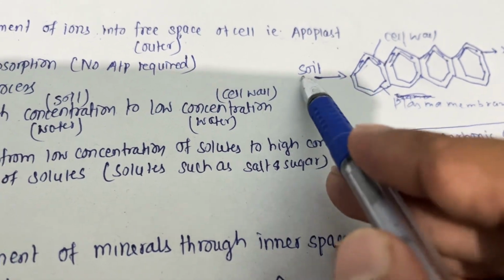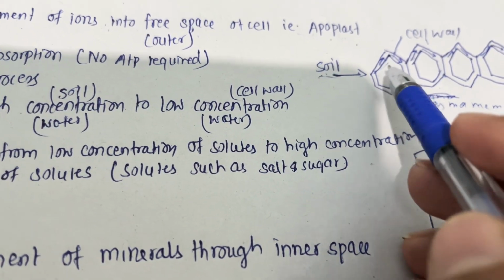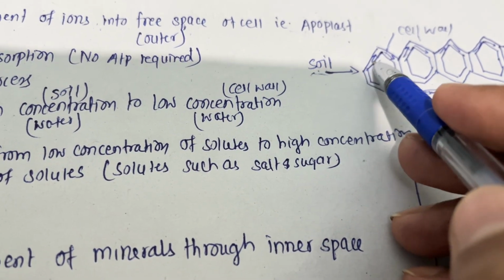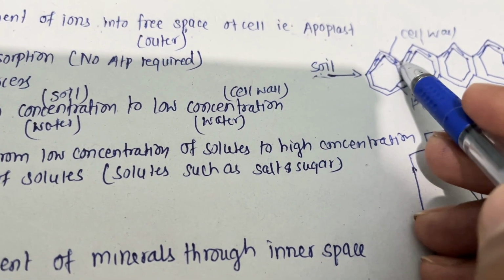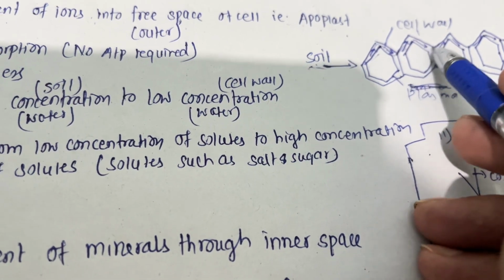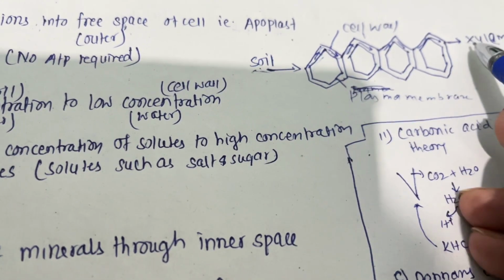When the water flows from soil into the cell, it moves through this cell wall or through the free space. This is the free space, and it finally comes into the xylem.